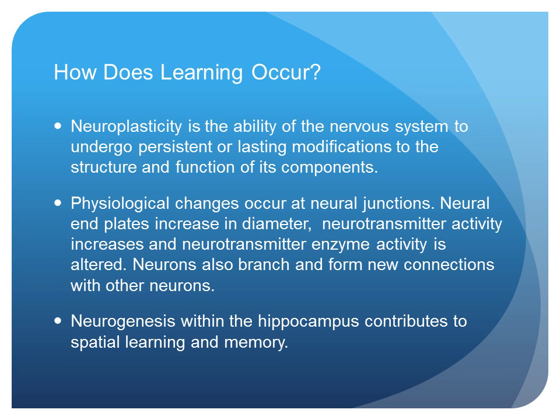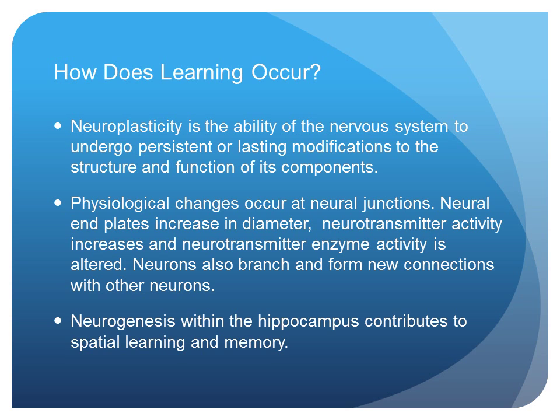Now that we've covered the sensory input and motor control of performance, let's examine the physiological processes involved in learning and performance improvement. Well, this occurs via neuroplasticity, and it's the ability of the nervous system to undergo persistent or lasting modifications to its structure and function.